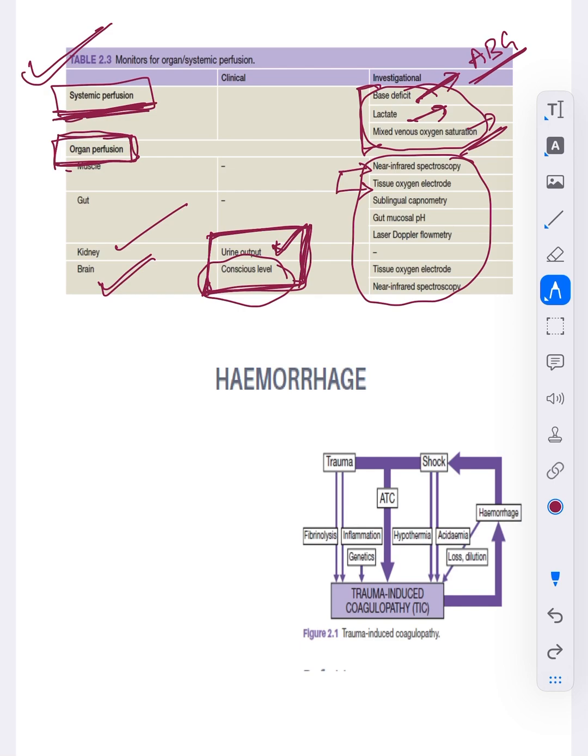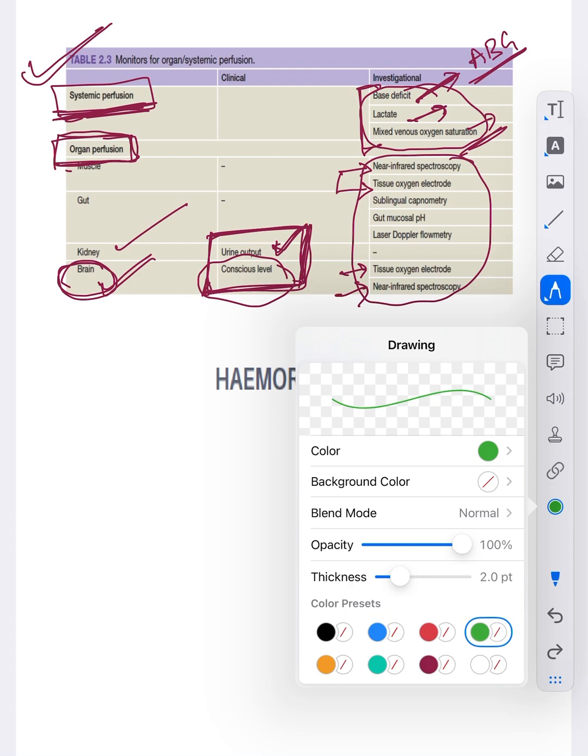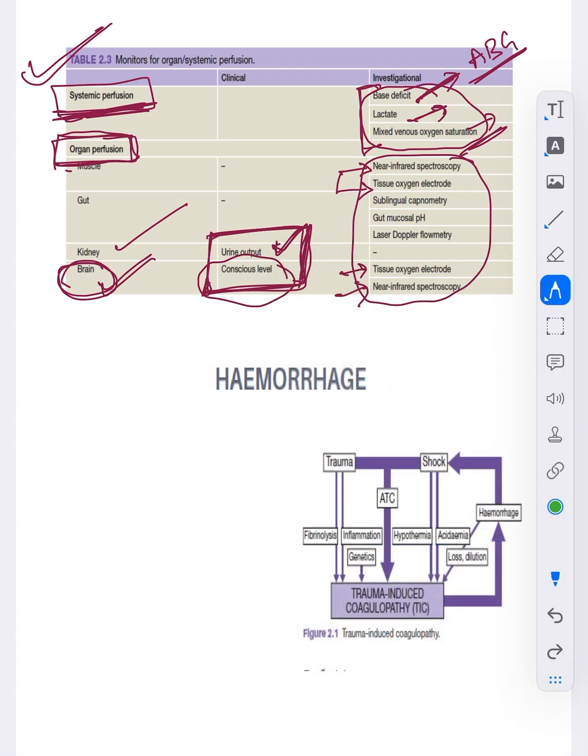Even the investigations that are available to measure the brain perfusion are the same as that of the muscle perfusion investigations, that is tissue oxygen electrode and the near infrared spectroscopy. Now the sublingual capnometry, gut mucosal pH, and the laser Doppler flowmetry are three investigations available to check the gut perfusion.